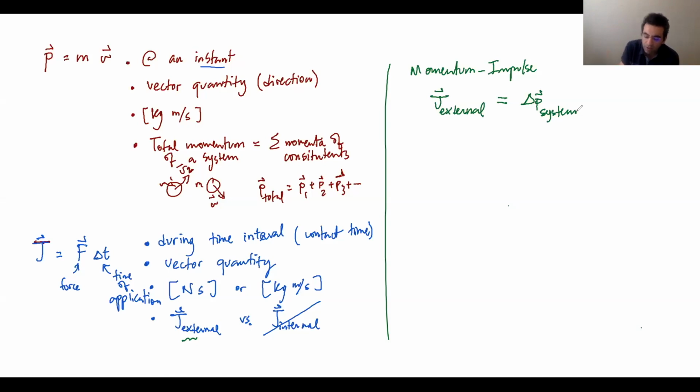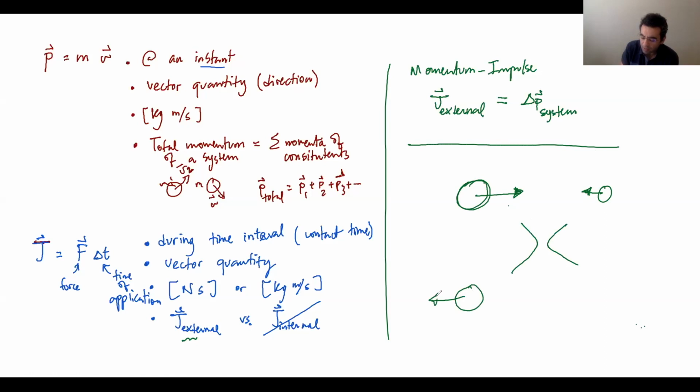So this is really what we've talked about so far. And the other part that we've done so far is to say that suppose there is no external impulse. Think about a problem with two objects, one object moving in this direction, another object moving in this direction, and then they collide with each other. And now let's say they're moving in opposite directions.